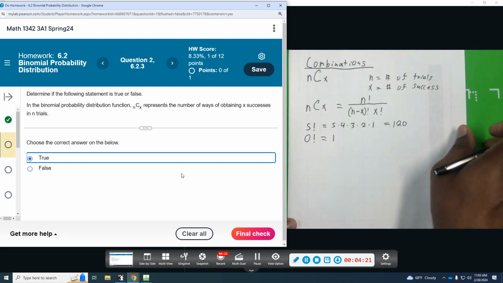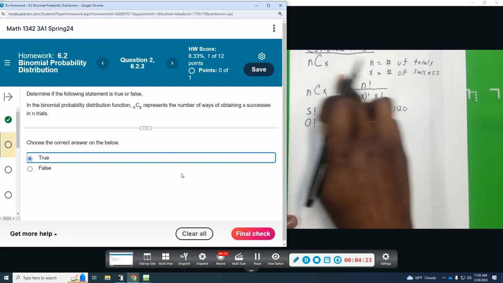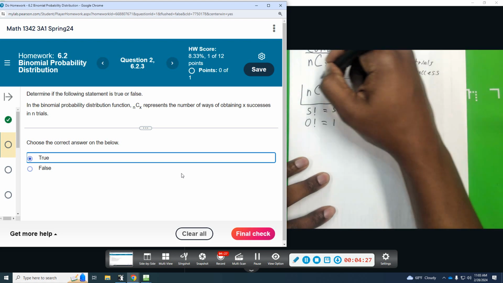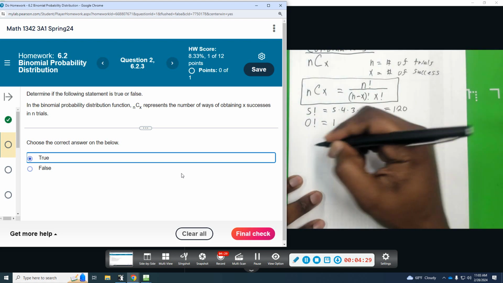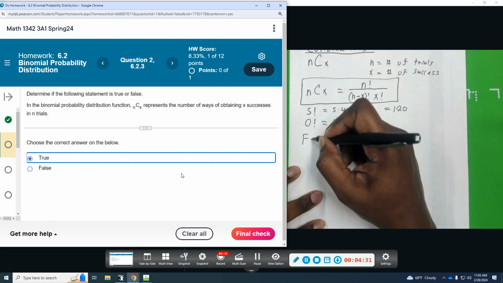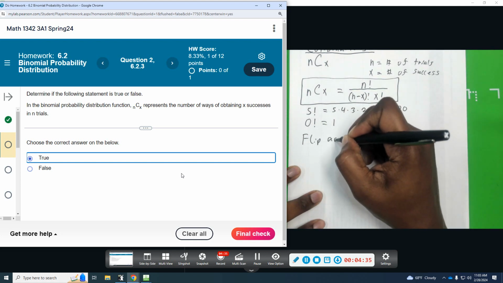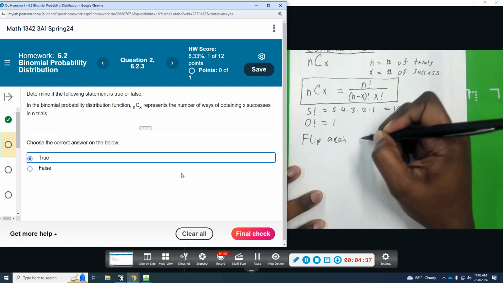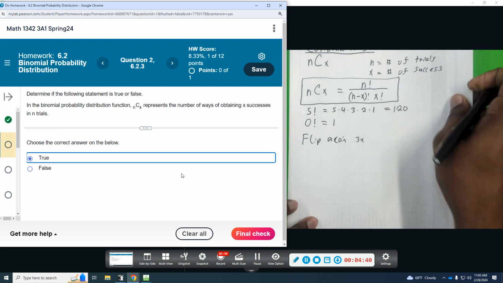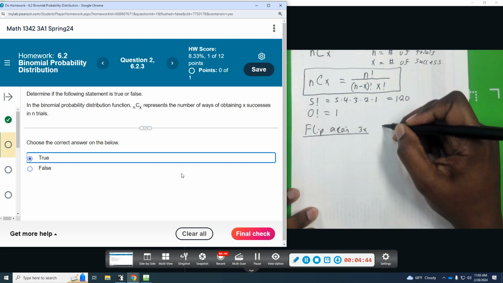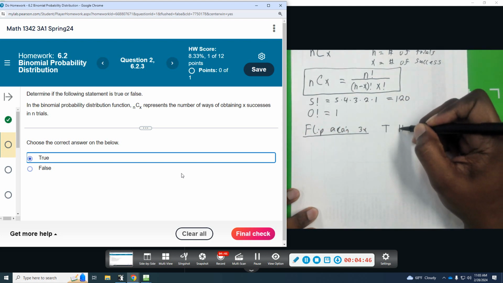However, let's keep going. I want to use this and help you understand the number of ways of getting successes. So let's just say, for example, we're going to flip a coin 3 times. Okay. So when I flip a coin 3 times, I've got 2 outcomes, tails or heads.